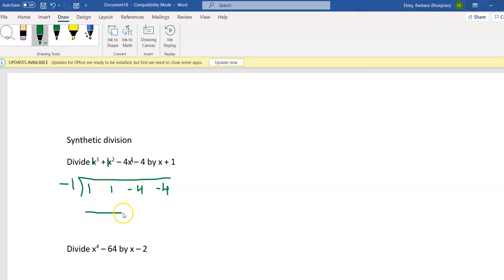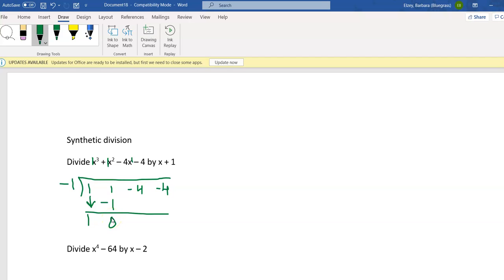Now, we always start the process by bringing the first number down, and then it becomes repeatedly multiply, add, multiply, add, multiply, add. So I'm going to multiply: -1 times +1 is -1. We add the column.